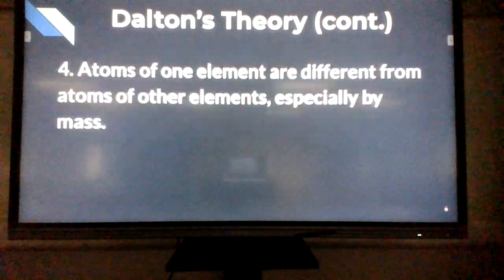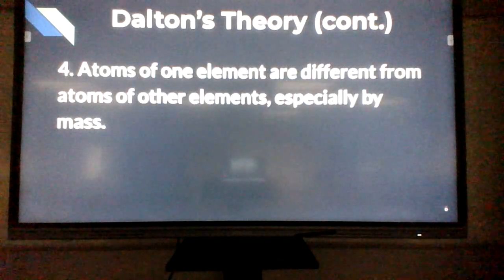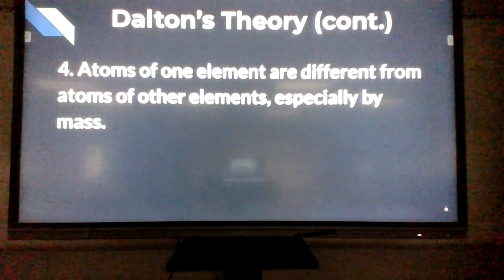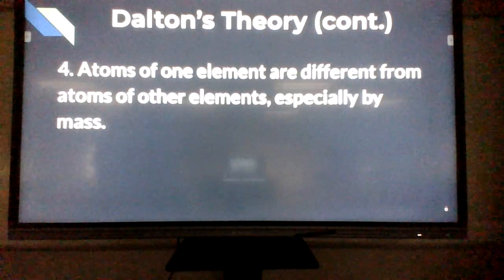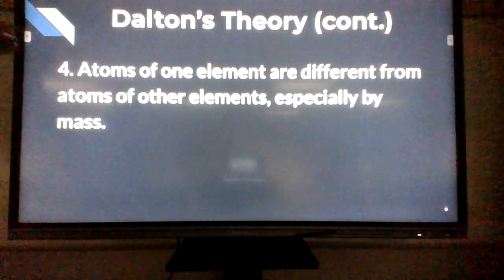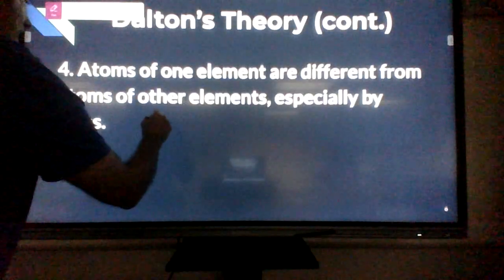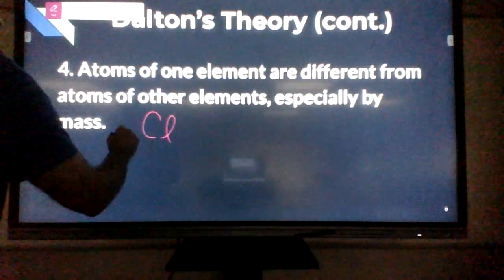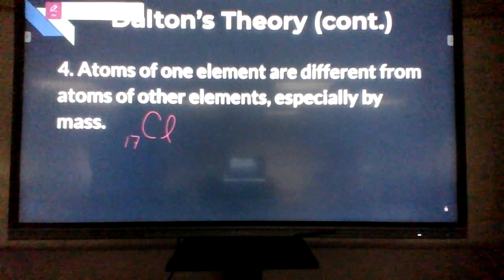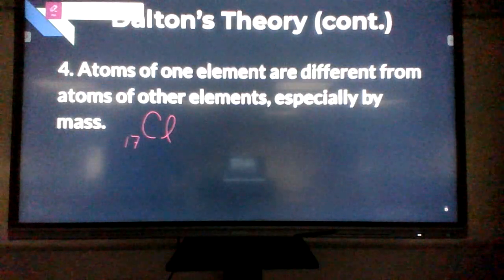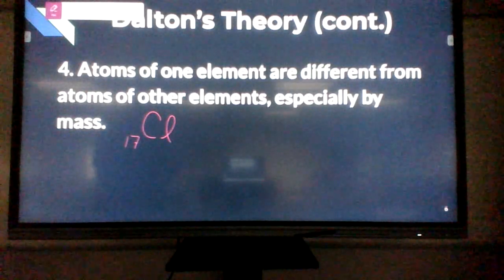Parts 4 and 5 of Dalton's theory. Atoms of one element are different from atoms of other elements, especially by mass. Probably the biggest example that I can think of offhand would be an atom of chlorine, which has 17 protons. There's a reason why I make sure I put the 17 there that I will explain another time.